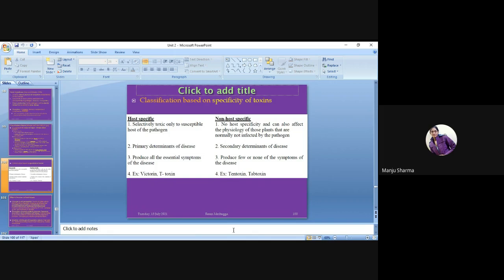The host specific toxins produce all the essential symptoms of the disease, and the non-host specific toxins produce few or none of the symptoms of the disease.